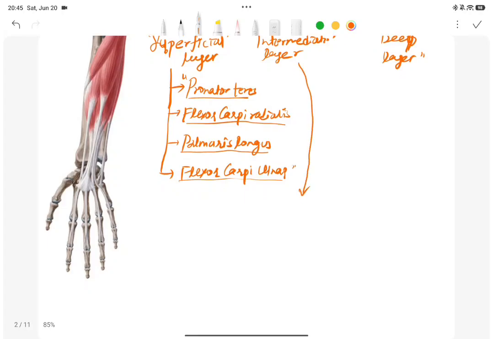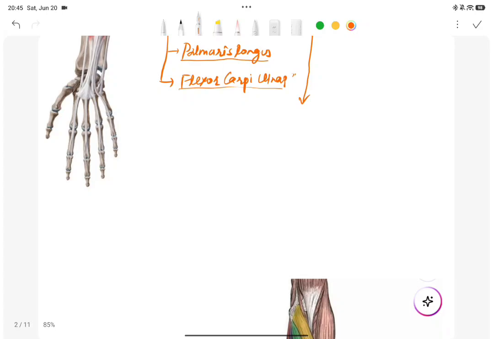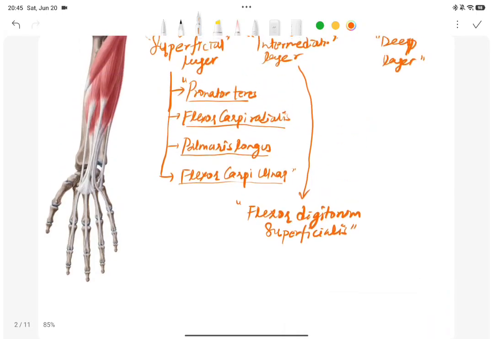And there is only one muscle in the intermediate layer, known as flexor digitorum superficialis. This muscle is only in the intermediate layer.